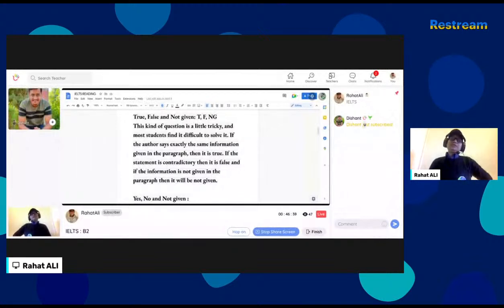So remember, if the information is not found in the chapter, then it is not given. If it is the same matching information, that is true. If it doesn't match, but it contradicts the answer, then it is false.